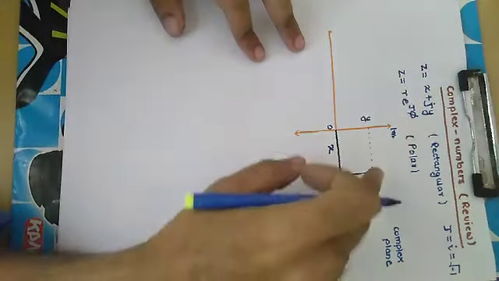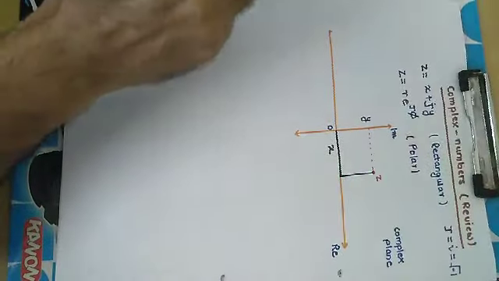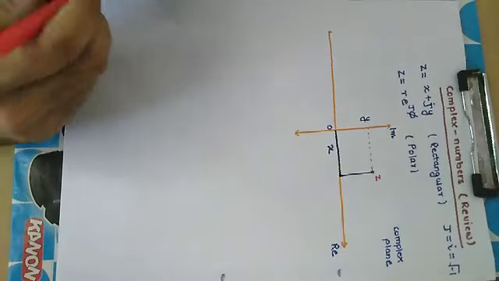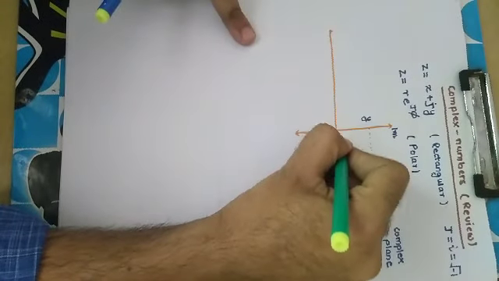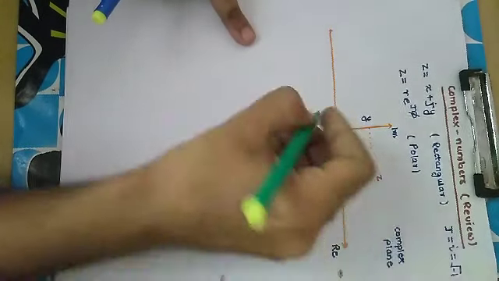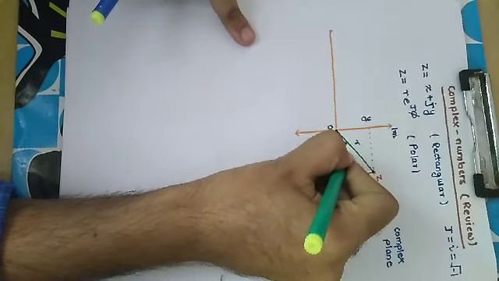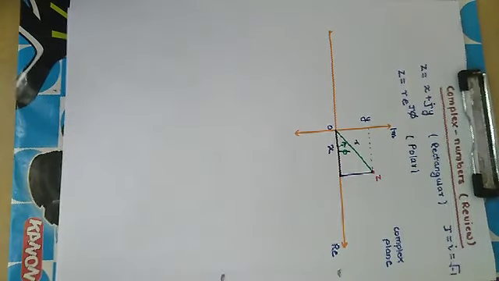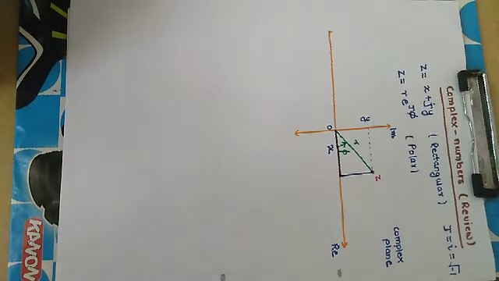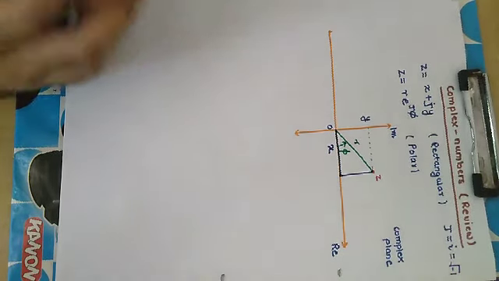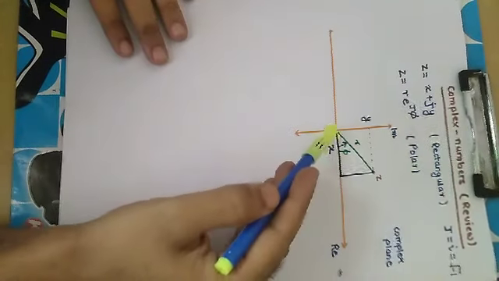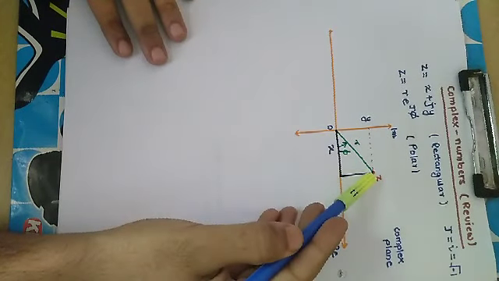Now someone can also think, no, I will go another way. I will go r length along this phi direction, r length towards this phi direction. So he or she will also reach the z point.